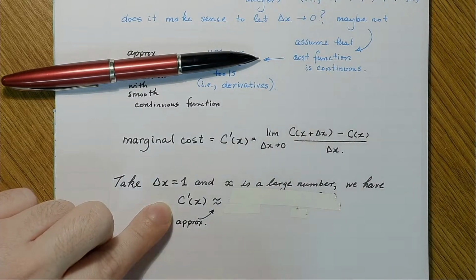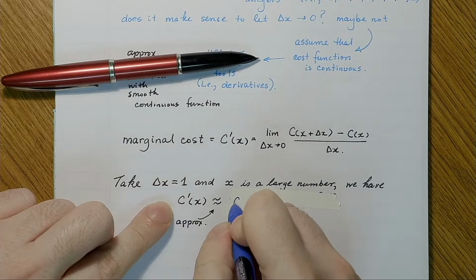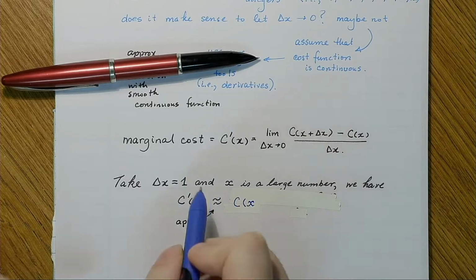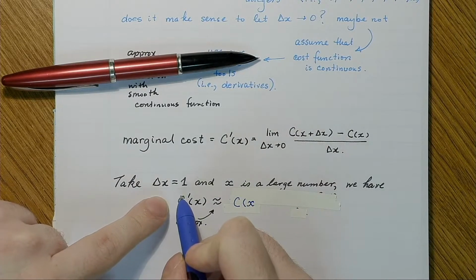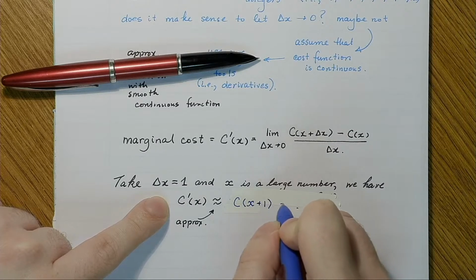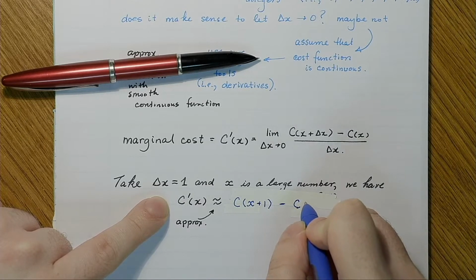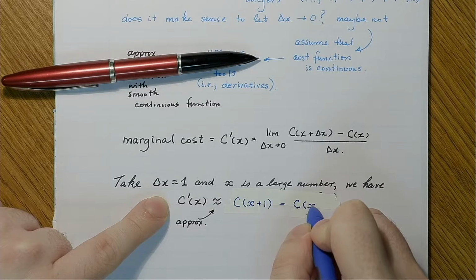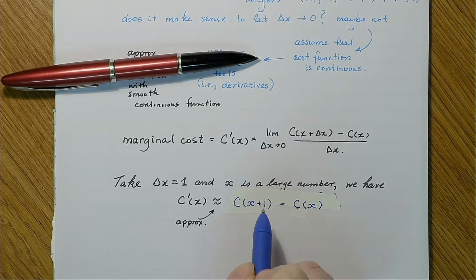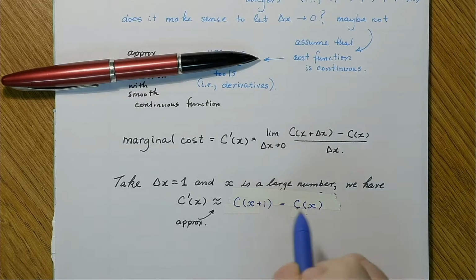So by taking x really large, that means this is going to be equal to 1, which means that the derivative is approximately equal to just taking the difference between x plus 1 minus x. Sorry, so it's the cost of x plus 1 objects minus the cost of x objects.